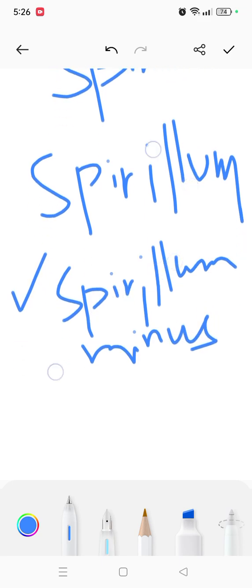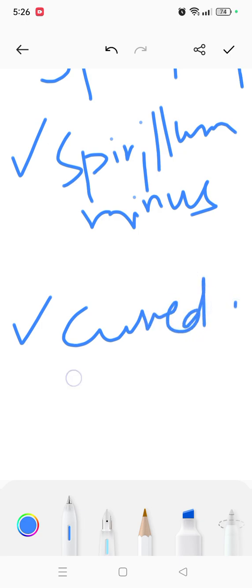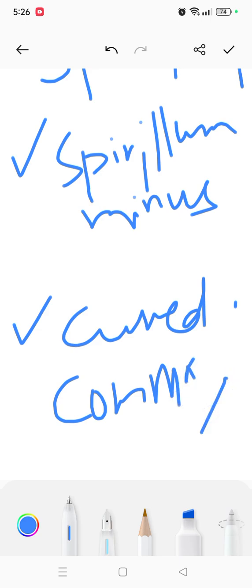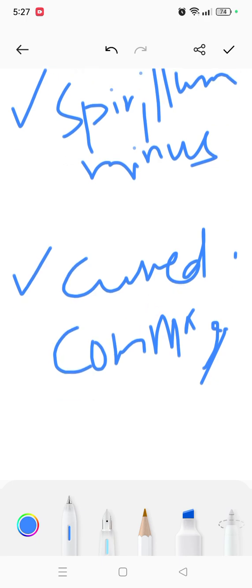Then you will also see some curved or comma like shape, like the comma we normally use in English. It's like this type of shape. You'll also see some bacteria curved or comma like structure, so they are spiral or rod shaped.